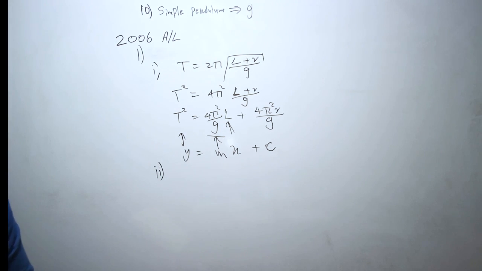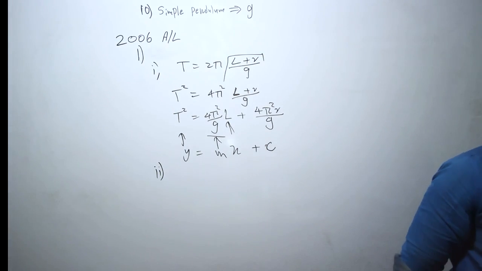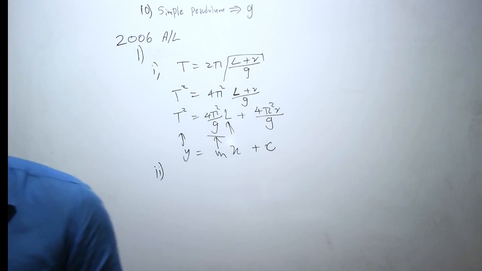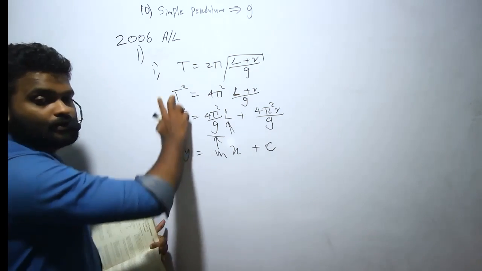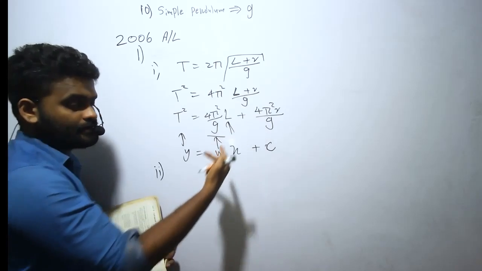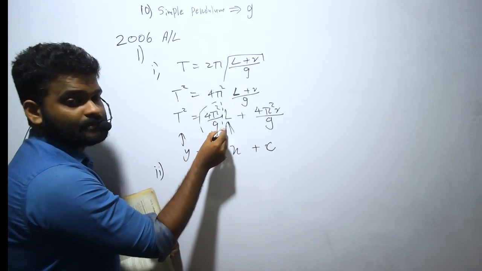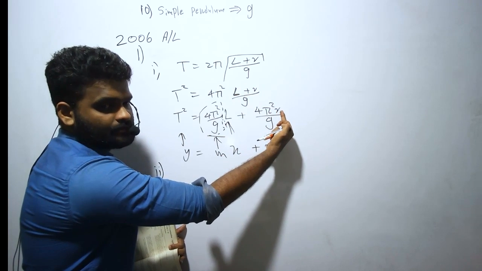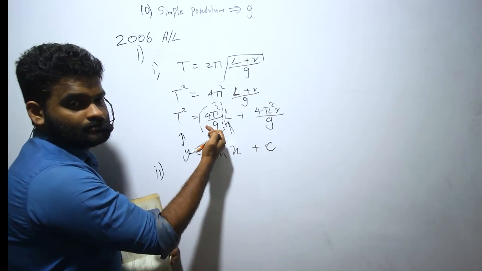Then the second part, determine g. Once you draw this graph, you can get the gradient and the intercept, right? In order to determine g, you can use the gradient, not the intercept, because the intercept has R. We don't know the value for R, but everything in the gradient we know.